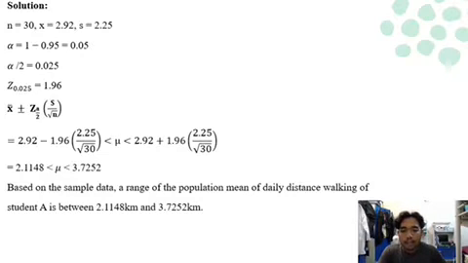And we get the range of the population mean of daily distance of walking for student A, Lechumi, is between 2.1148 kilometers and 3.7252 kilometers.